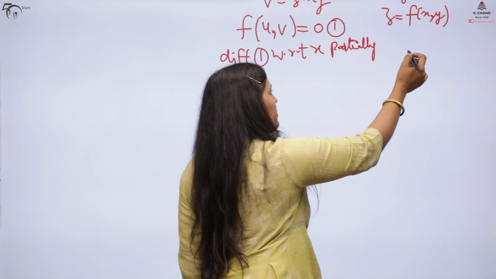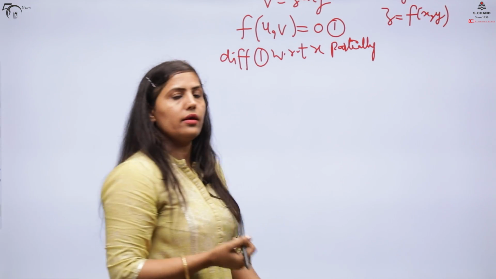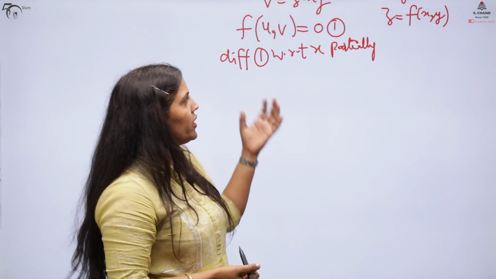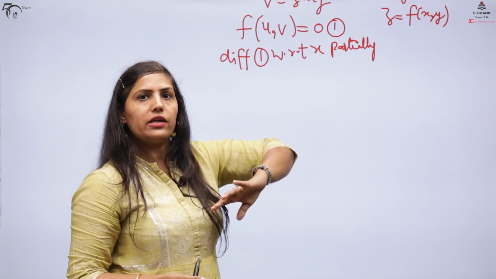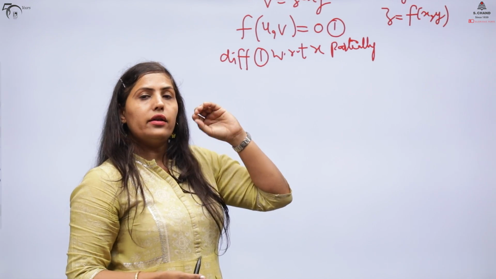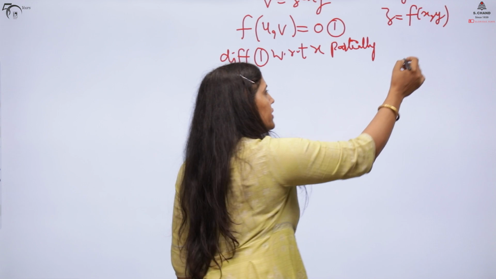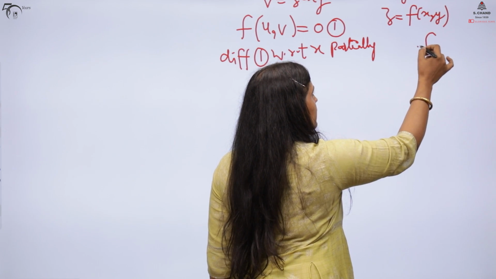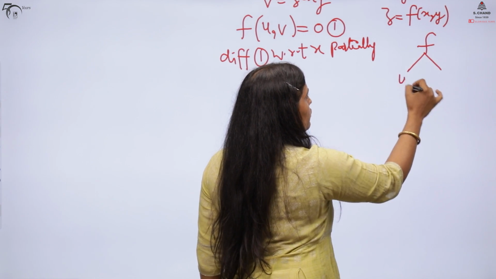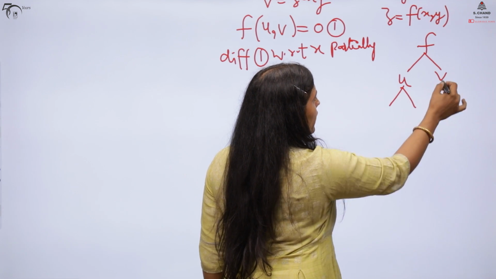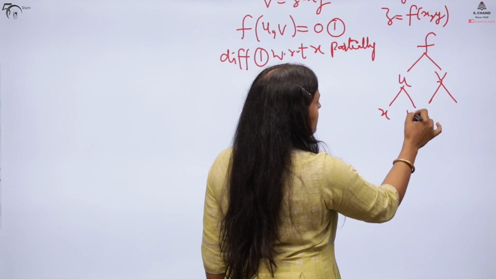Now I am making the chain which I did in semester 1 also. If you make the chain for partial derivatives, it becomes very simple to take the partial derivative, otherwise it is very difficult. So f is a function of u and v, and your u and v both are functions of x and y.